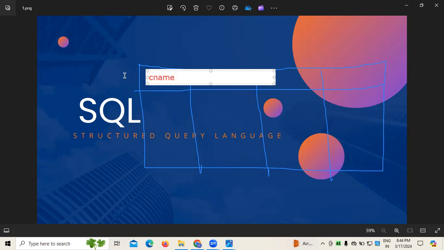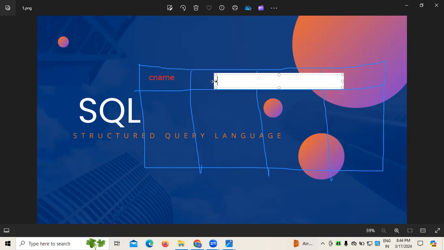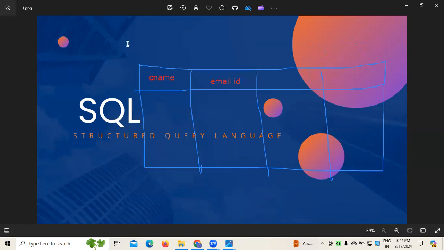Next, this data table consists of email ID. Next, phone number.